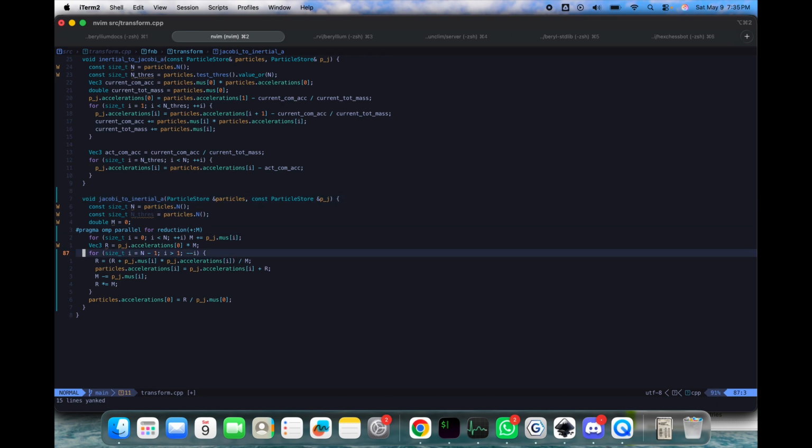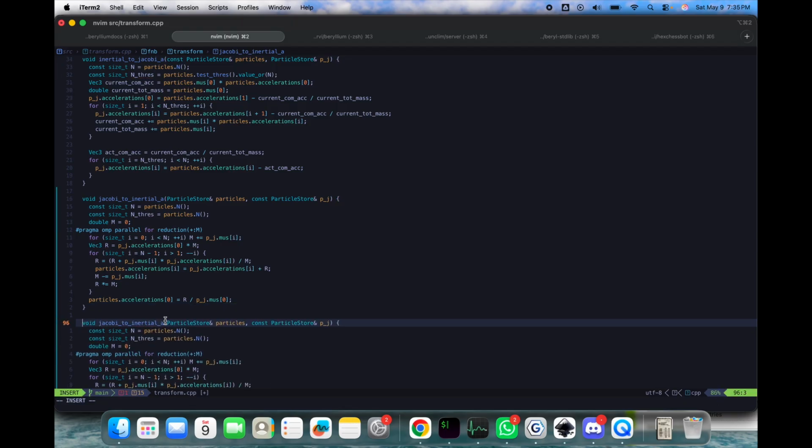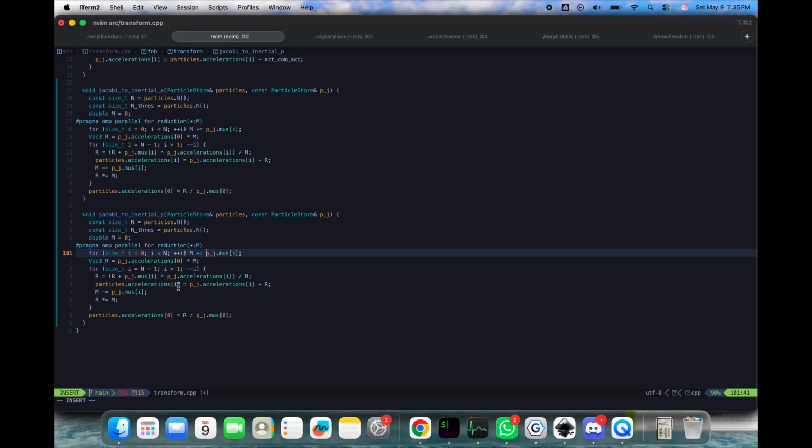Oh yeah, and I'm just gonna copy this whole thing. Well, first I'm just gonna fix the formatting on here, which is how the autocompleter in my formatter did that. That's gonna get auto formatted by clicking format. I'm just gonna fix that right now. Void Jacobi to initial P. Positions.